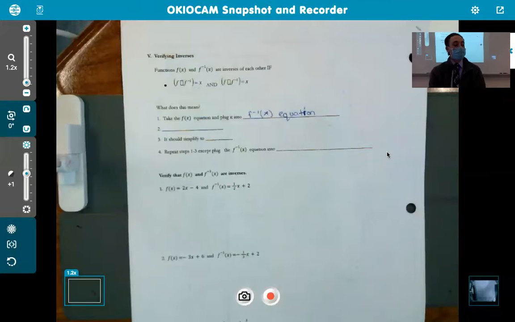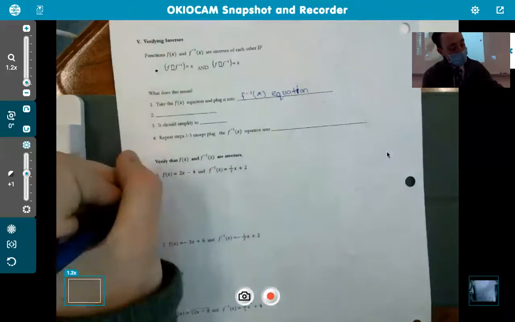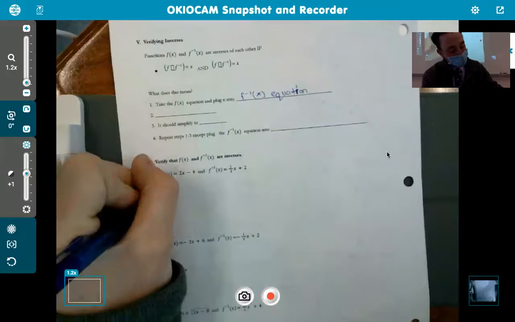And one thing that we need to pull on is that idea from section 6.1, that composition of functions. We take one function, plug it into another, and simplify. That's what we're going to be doing here as well. So if you have any questions along the way, please make sure you stop me and ask. We're going to start with the inverse function, so the 1/2 x plus 2.